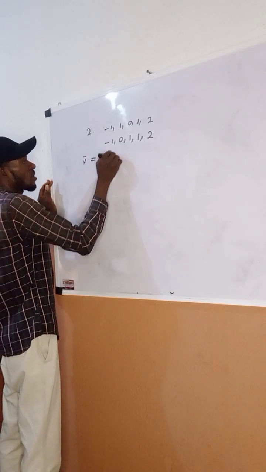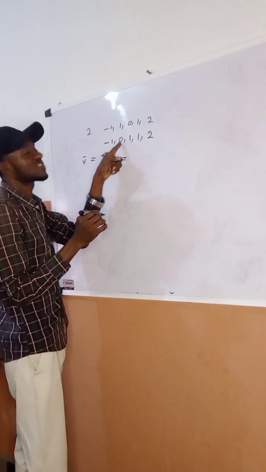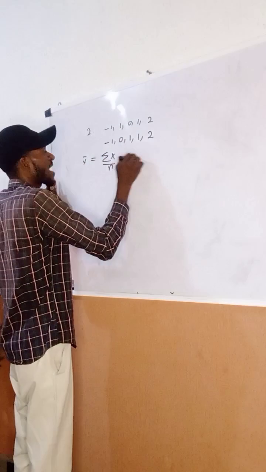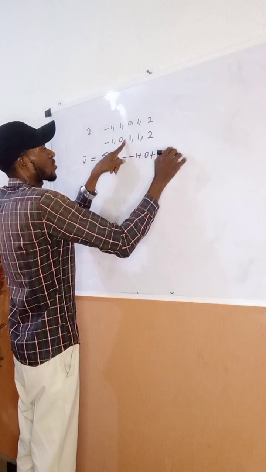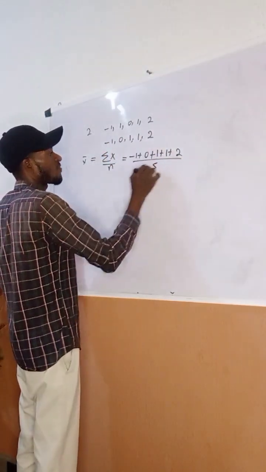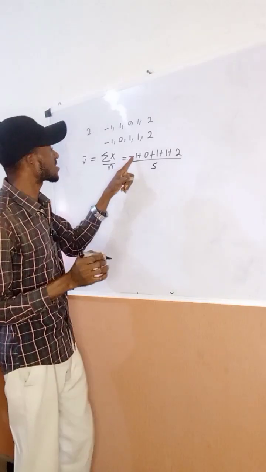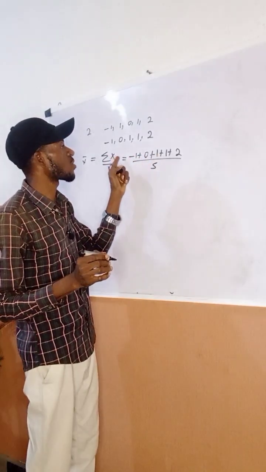This is summation of X all over N, which equals minus 1 plus 0 plus 1 plus 1 plus 2, all over 1, 2, 3, 4, 5, all over 5. This is minus 1 plus 0 is minus 1, plus 1 returns to 0.